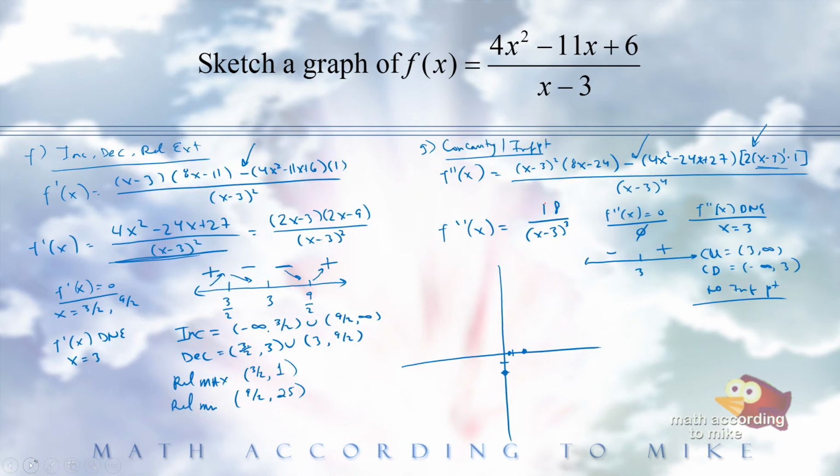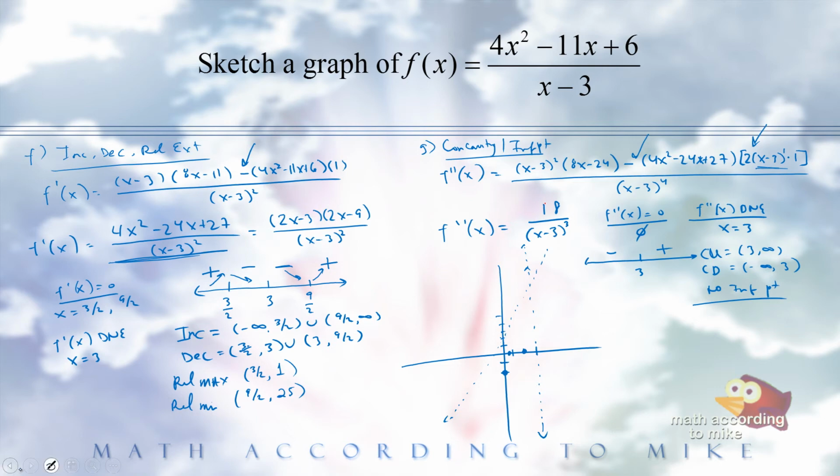Oblique asymptote at 4x plus 1. As far as the oblique asymptote, here's 1. Go up 4, 1, 2, 3, 4 over 1. That works, something like that. Now my scaling is going to be crazy off here because I'm running out of room. That's okay.